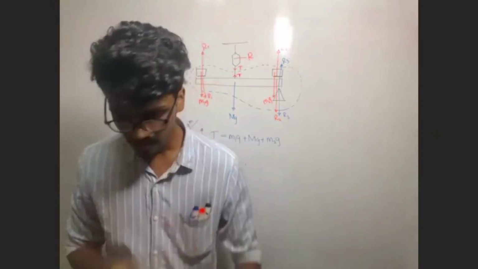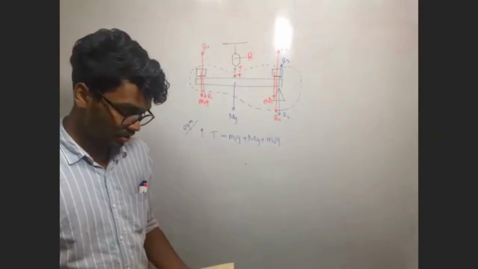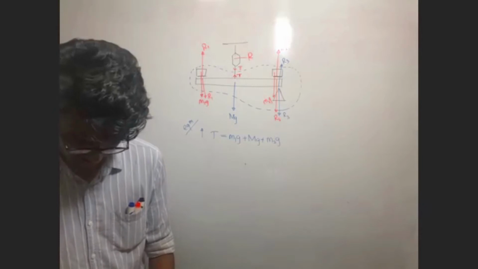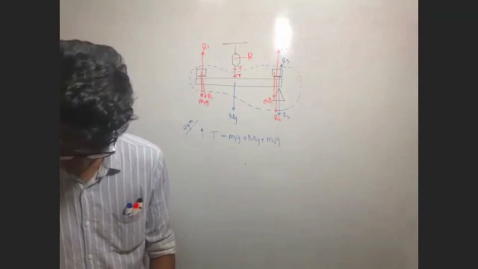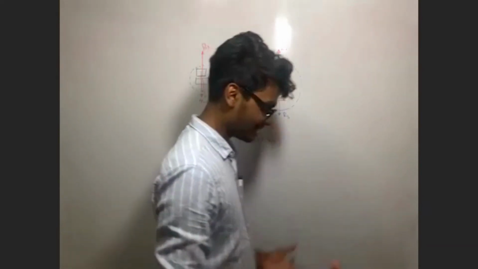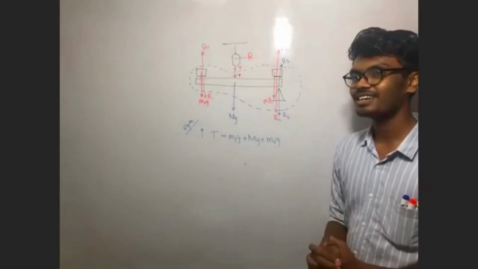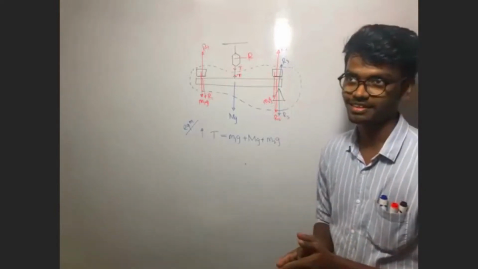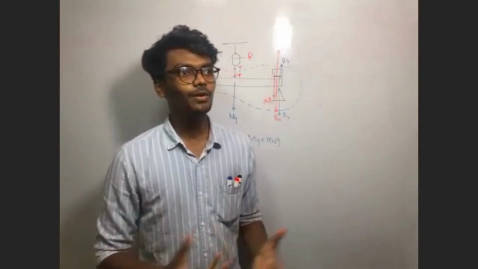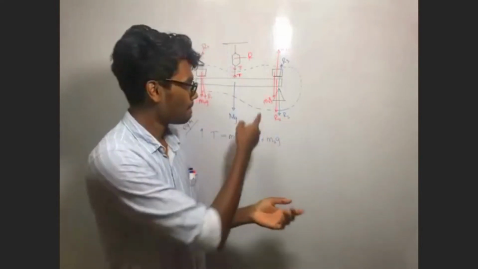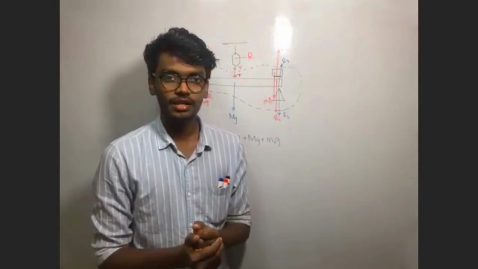So therefore, the answer is going to be... Let me check the 16th one. That's not the answer, right? Why? You can't apply equilibrium for this system because you do not know the weight of this wedge. It's better that we encountered this, because if they had given you the weight of this wedge, it would have been very easy.